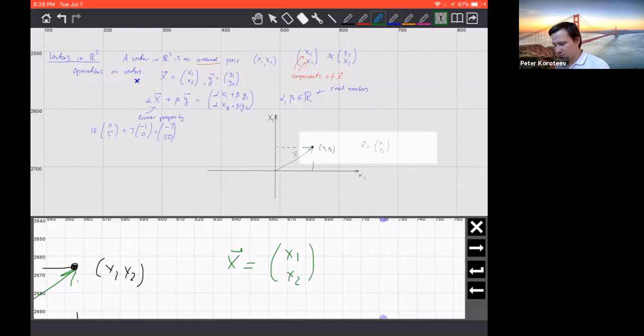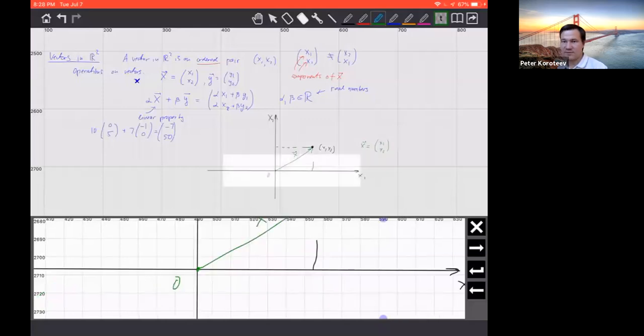So this way, there is a one-to-one correspondence between the set of points on a plane and the set of all vectors in 2 dimensions. For every point, there's a vector that connects the origin of the coordinate system with that given point.